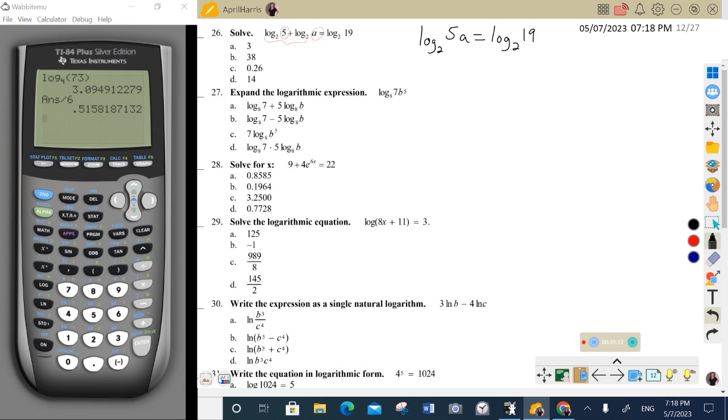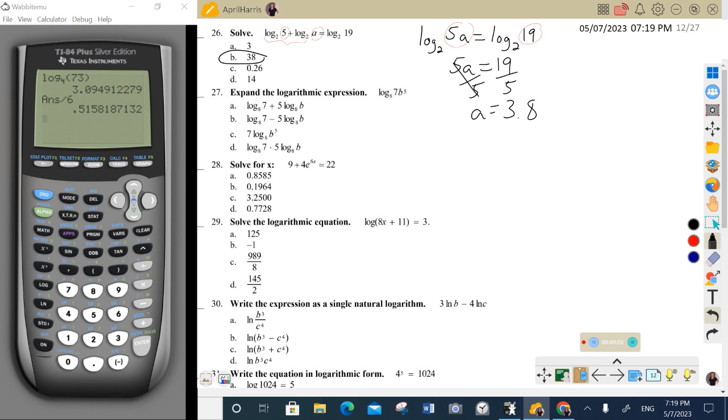So now you have two logs and they're on the opposite side, and now we get to this common sense property. We have log base 2 of stuff equals log base 2 of stuff. The stuffs must equal. So 5a equals 19 when you divide by 5. This is a typo. Should be 3.8, not 38. That was a typo. I have fixed it for the final.